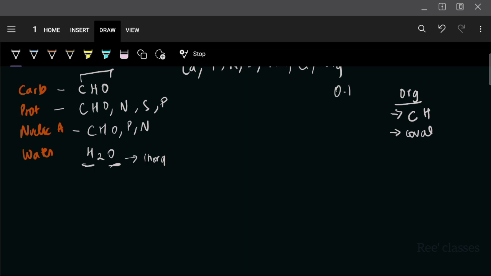It's not to say that organic always is bonded with hydrogen. It always has carbon and usually a hydrogen. So carbon is the key here to knowing if it's organic or inorganic.